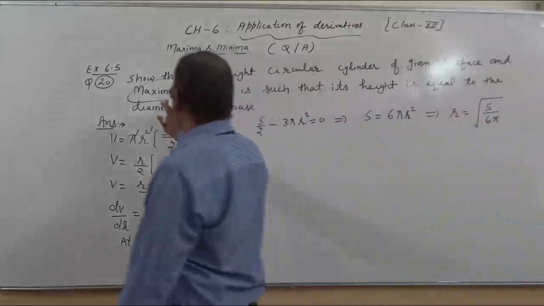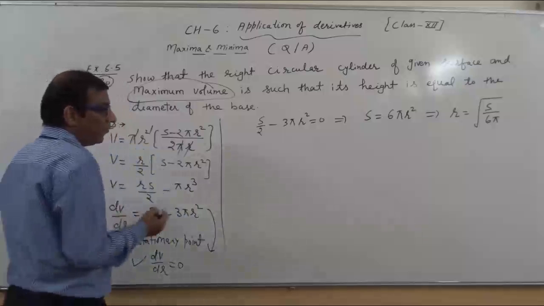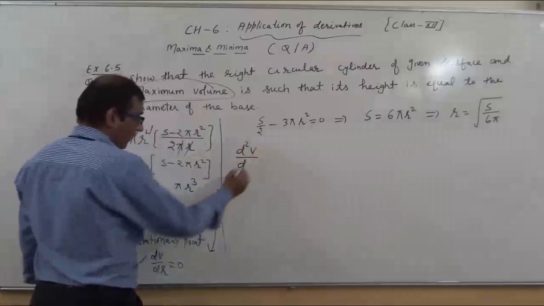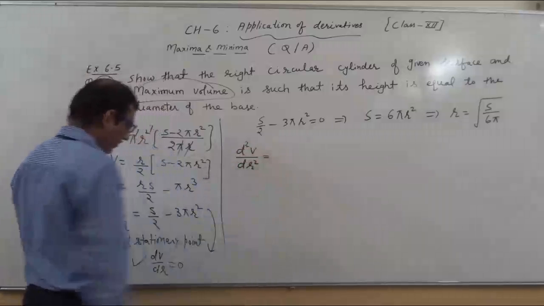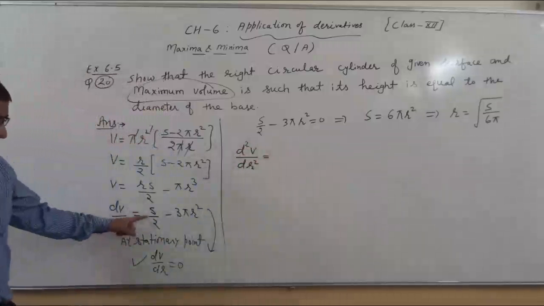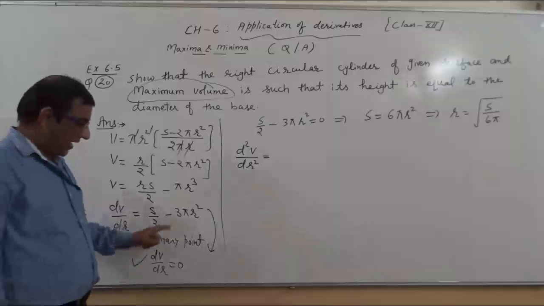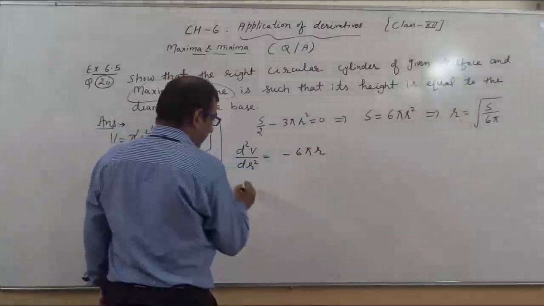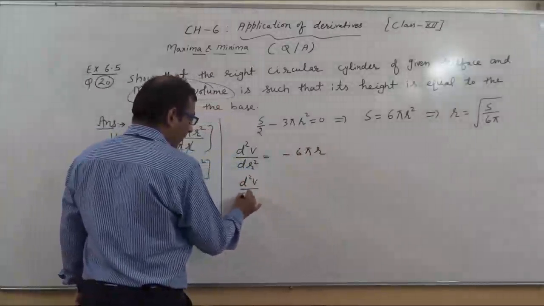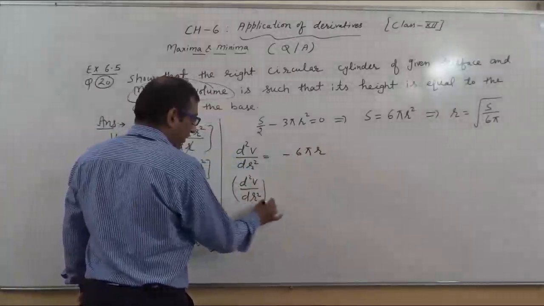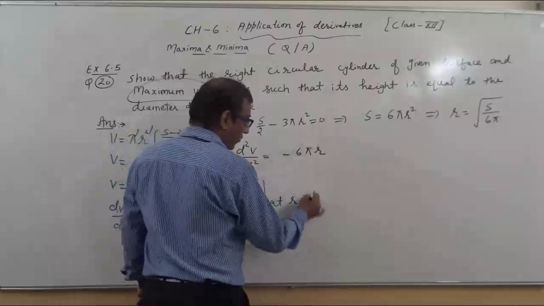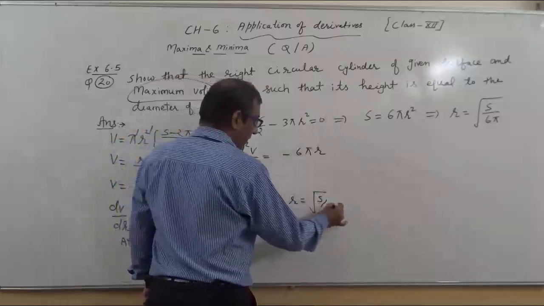Now after this we have to show the maximum value. So what we will do, we will continue with the double differentiation. When we do the double differentiation, S upon 2 is a constant quantity, so it becomes 0, and here we will get minus 6 pi R. It means the value of double differentiation at R equals under root S upon 6 pi, what we will get?